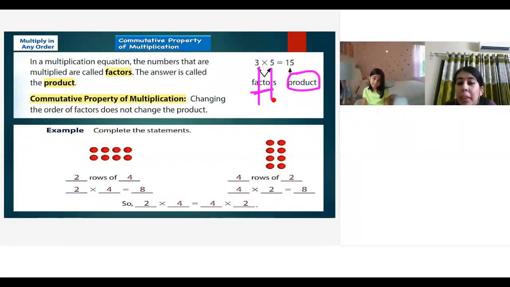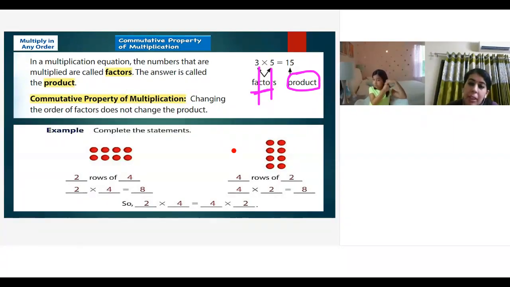The example given in front is 3 times 5, 3 into 5. So the answer is 15, right? So what are 3 and 5? They are known as factors. Whenever you multiply two numbers, they are known as factors, and the answer which you will get is known as product. Okay, got it?